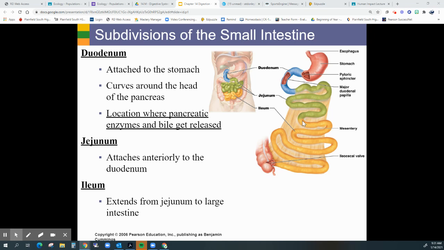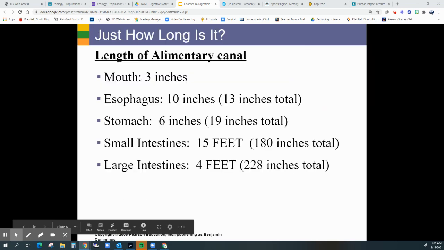Size-wise, the ileum is probably a little bit longer than the jejunum, but the main thing for the ileum is it goes from the jejunum directly to the ileocecal valve and into the large intestine. This little structure right down here at the bottom is actually your appendix. Okay, so we'll talk a little bit about that as we go through as well.